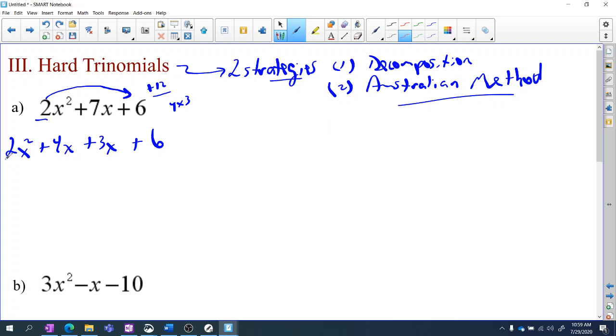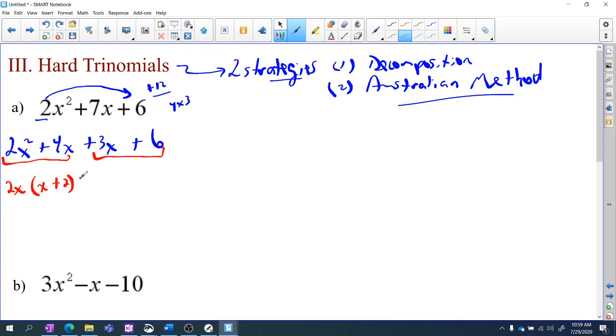It's where you, rather than factoring across the whole thing, and it usually works nice if you have 4 terms, you're going to take just the first 2 and then the second 2, and you're going to do greatest common factor. So looking only at the first 2, you take out 2x, leaving you with x plus 2. Now you're going to look at the next 2 and say, what's common to those?